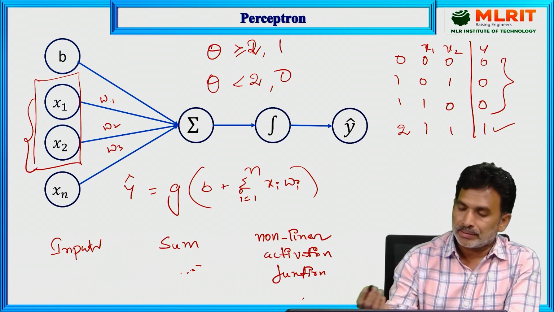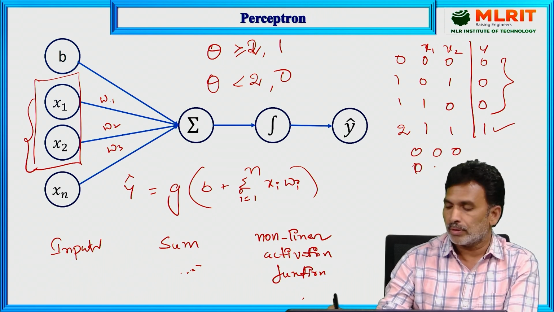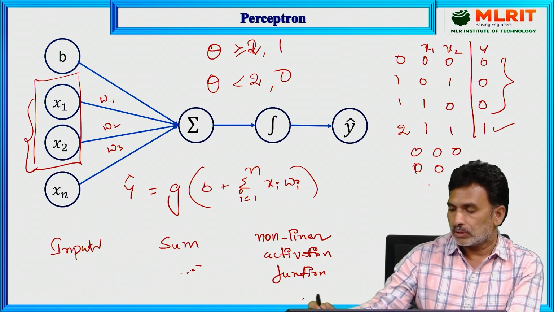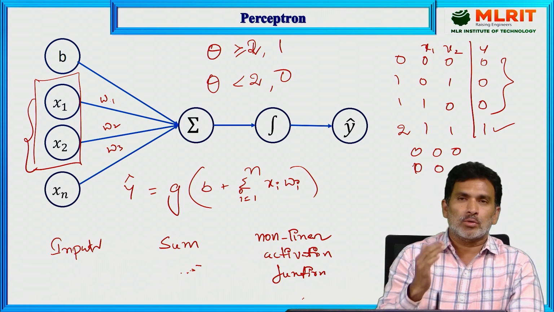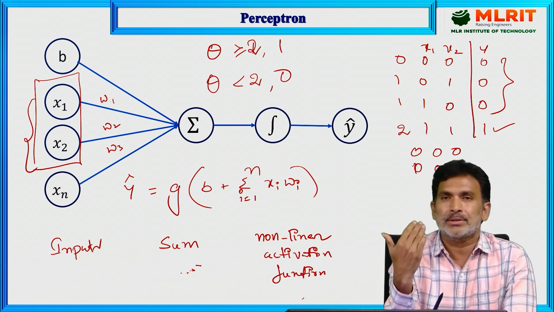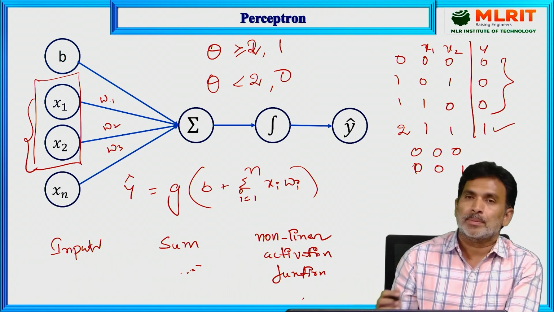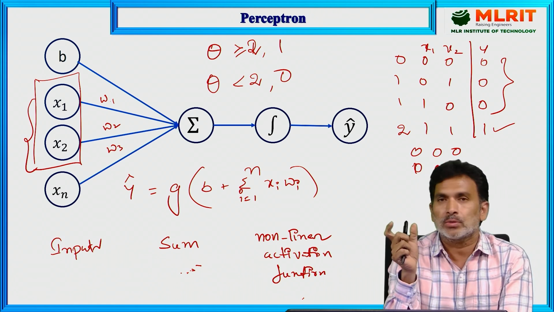Suppose there are three inputs, like 0 0 0, 0 0 1, and so on. Then the sum of the inputs would be 0, 1, 2 and 3. If all inputs are 1, then the sum would be equal to 3.